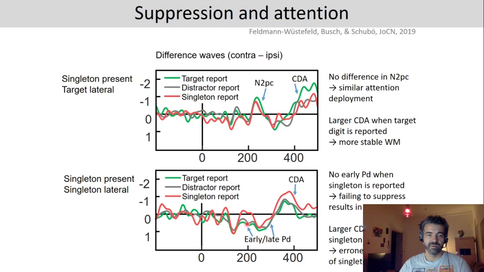But if the PD was relatively large here, for example the green line here, then there was apparently sufficient suppression going on so that the irrelevant item could be ignored and only the relevant target item in the diamond could be attended.